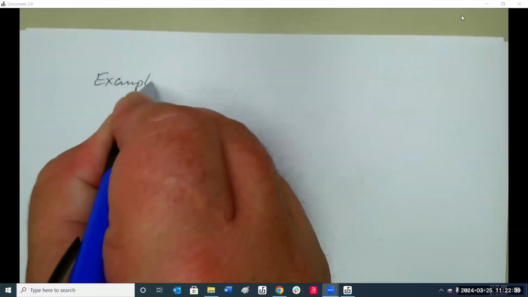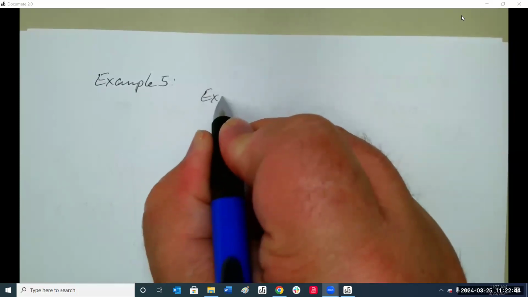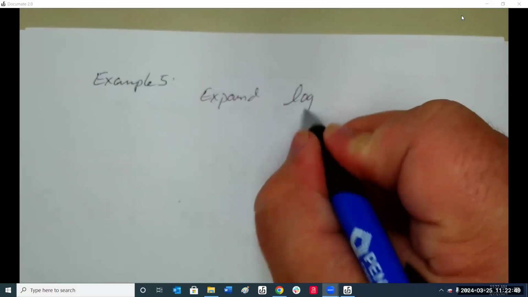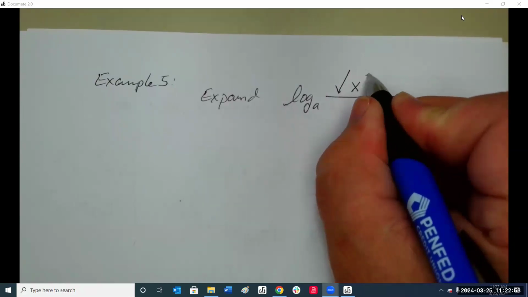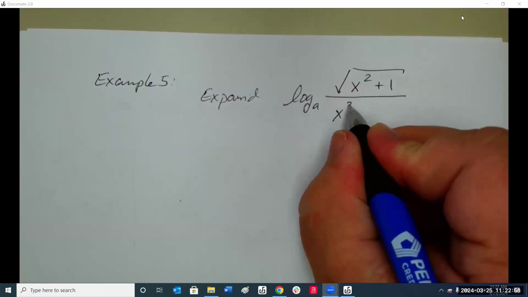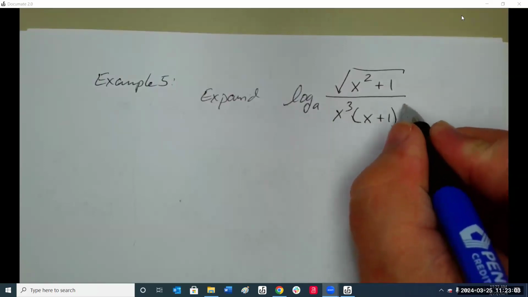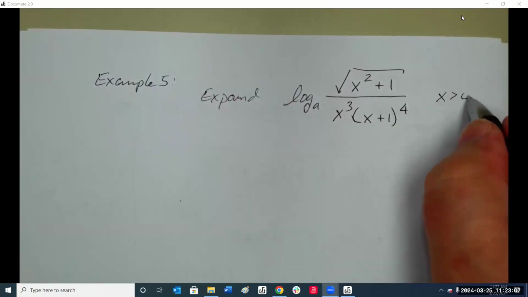Okay, example 5. Expand this function. So x has got to be positive.